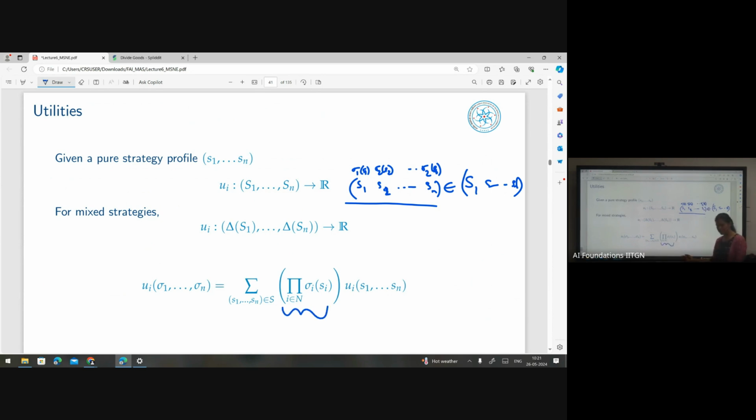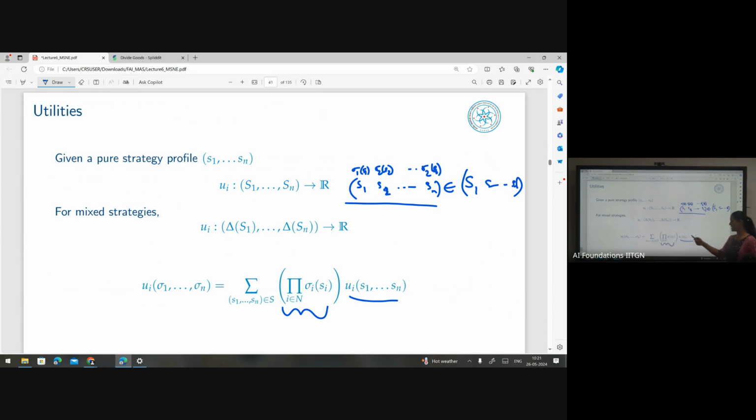And with this probability, agent 1 will get the utility that corresponds to this outcome. Now, if I sum it across all possible outcomes, that is the utility that agent 1 gets. Because it's a mixed strategy, if every one of these strategies is played with some positive probability, then all the possible pure strategy profiles will be happening, each with the probability given here.